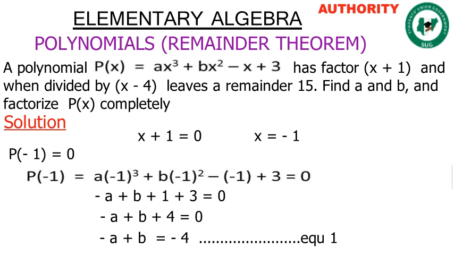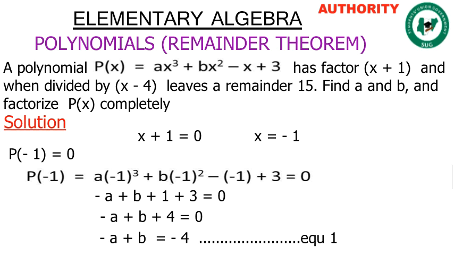So minus a plus b, and 1 plus 3 gives 4, is equal to 0. We take 4 to the other side, and it gives minus 4. So minus a plus b is equal to minus 4. Let's call this equation 1.